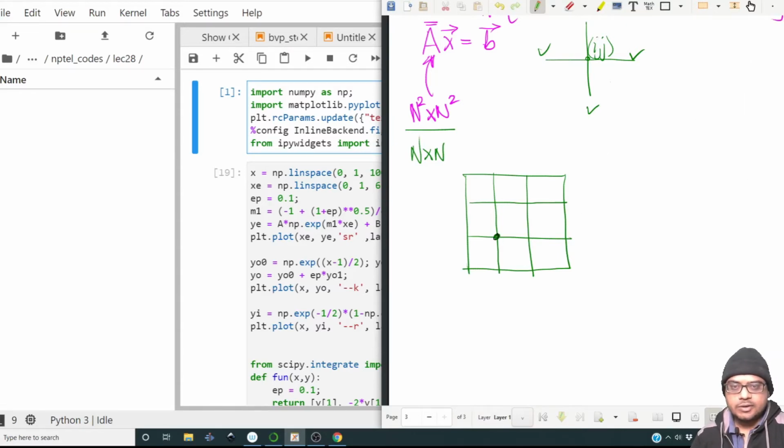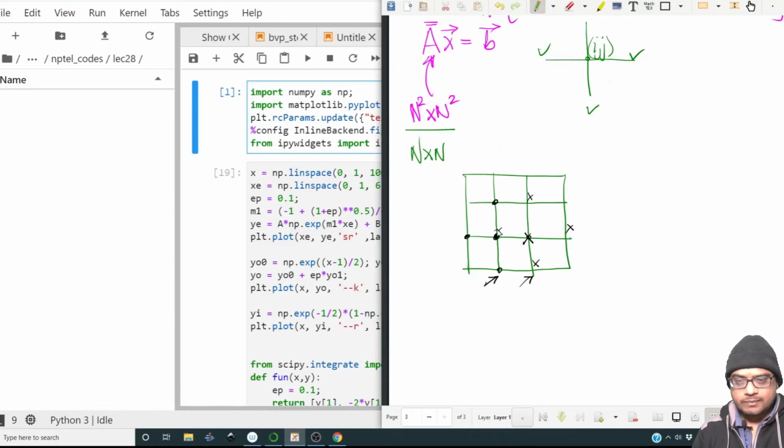If I write down the equation for this point, I will have contribution of these 4 points. If I write an equation for this point, I will have contribution from these 4 points. I'm not discussing writing an equation for this point or this point because they're at the boundary. If it's a Dirichlet boundary condition, the conditions over there will be automatically defined, and I don't have to worry about them anymore.